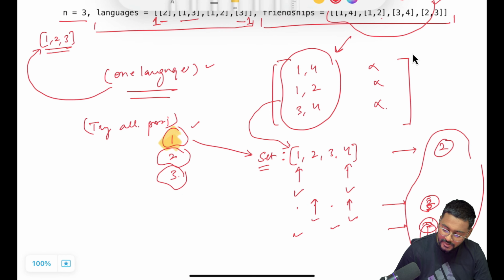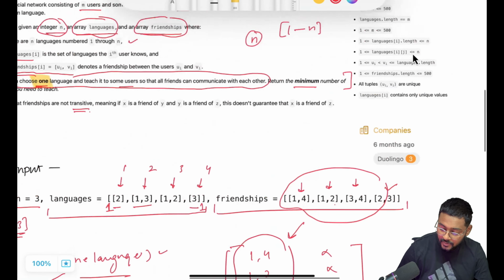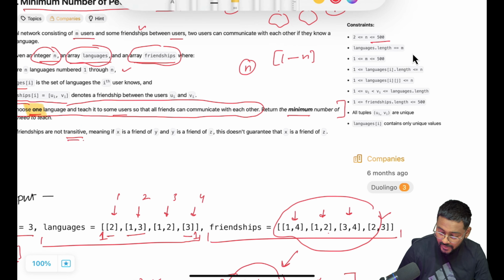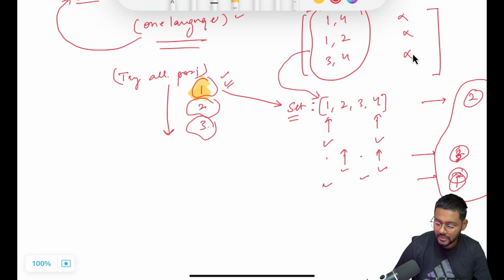So in short, I am having a set of people who cannot communicate with each other, and then I am choosing every single possibility of language one by one. So that is n number of languages. N is going till 500. So a 500 size loop I'm going to run and check if I'm choosing 1, how many people do not know the language 1.